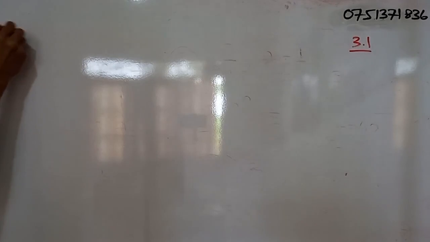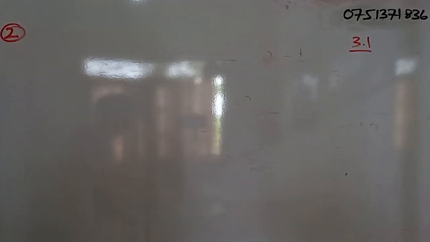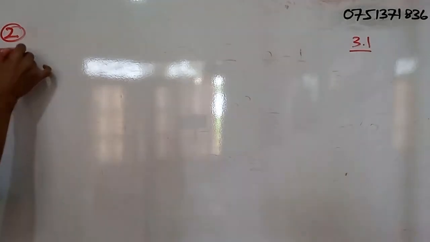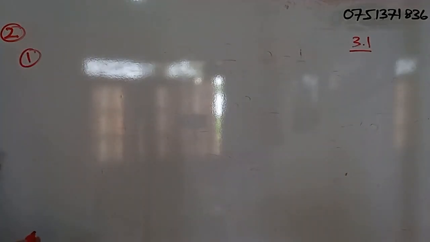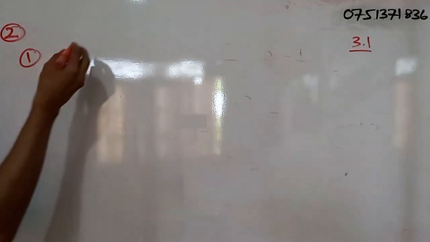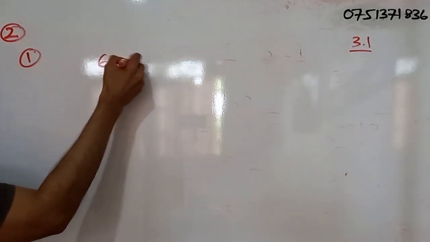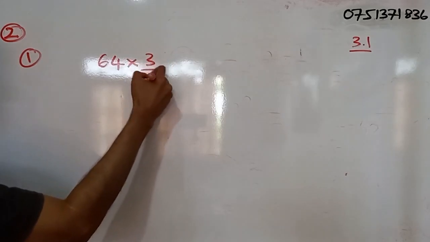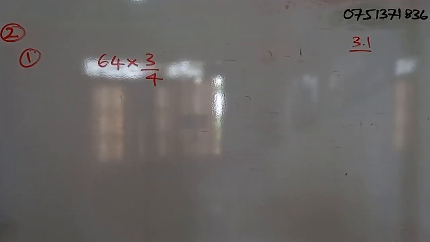Right. Question number 2. Find the value. Part 1. How much is 3/4 of 60 rupees? So what do we do? We have to multiply 60 by 3 by 4, right?